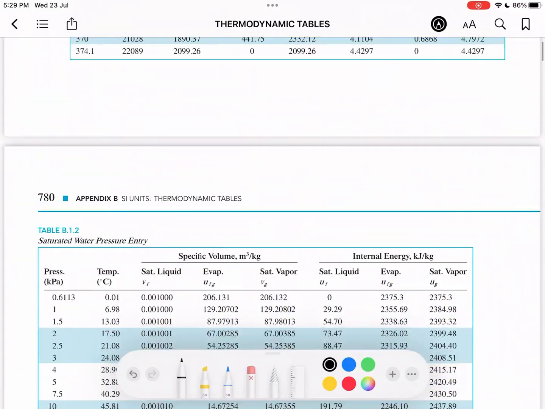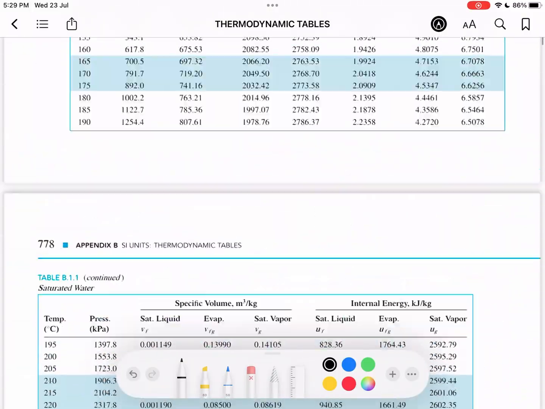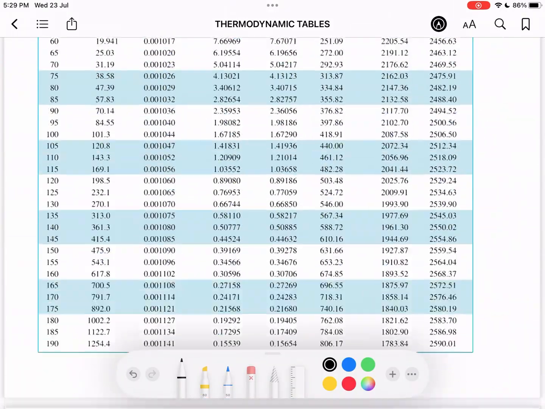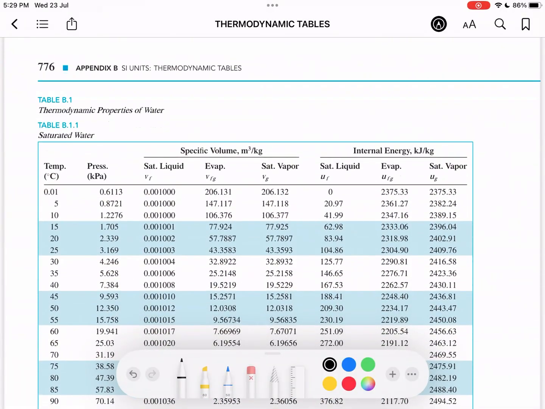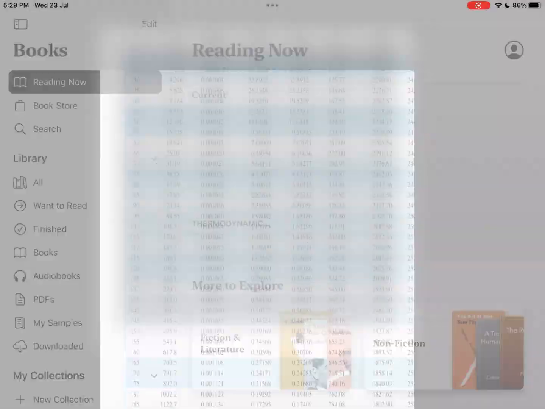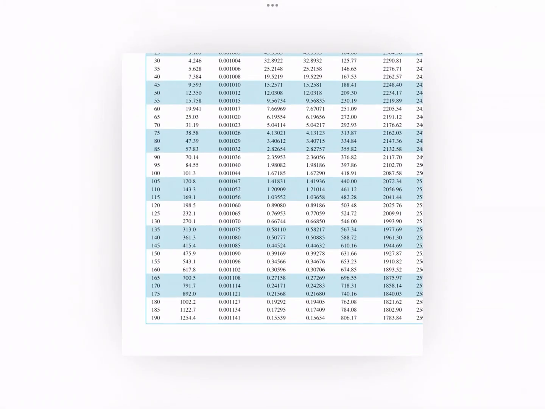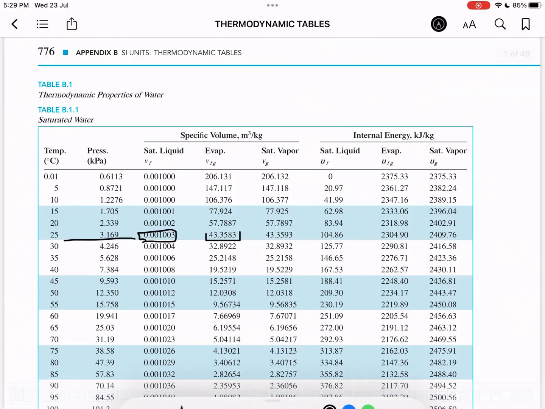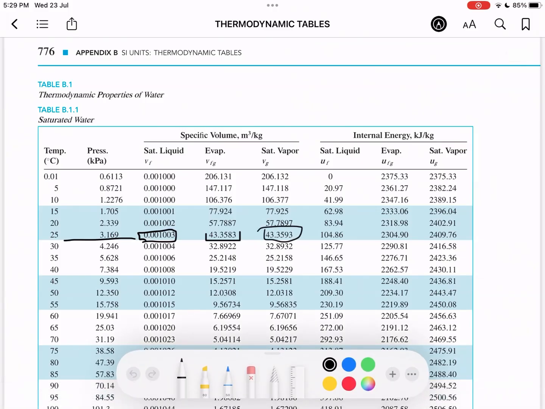At 25 degrees Celsius, our Vf is given by this, and our Vg is given by this.